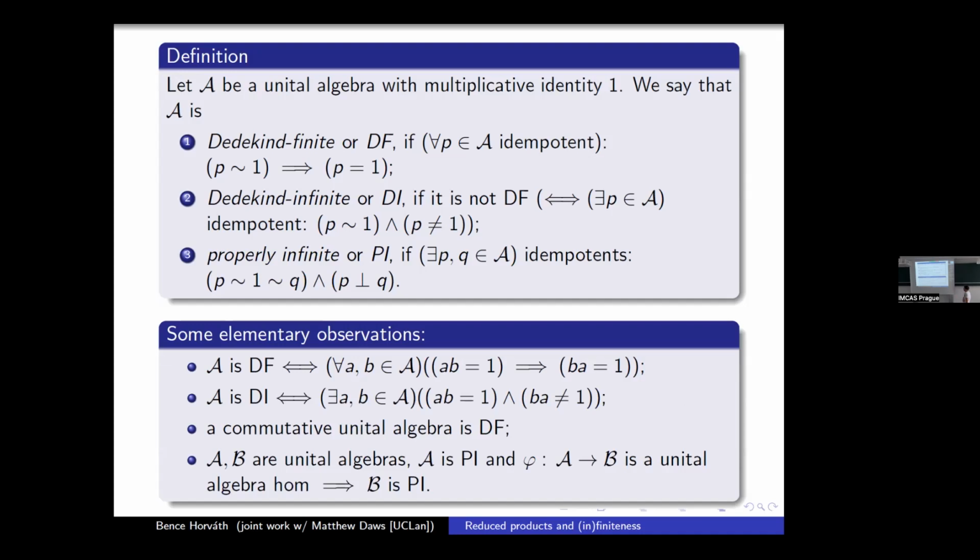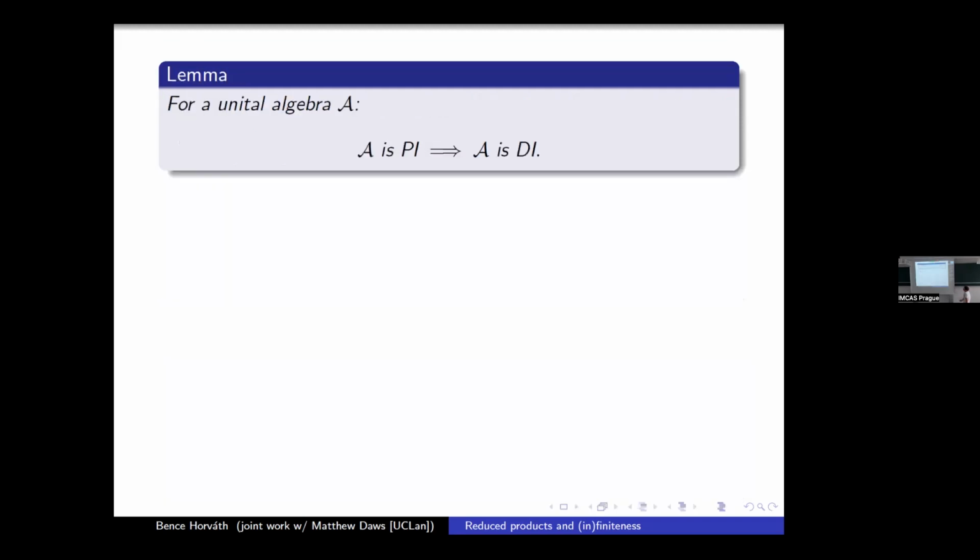Namely, if you have unital algebras A and B and your domain algebra is properly infinite, and if you have a homomorphism which preserves the unit from A to B, then actually B is going to be properly infinite. If I say purely infinite in this talk, I always mean properly infinite. Sorry, just if I mess it up. What's the connection between these notions? Well, if something is properly infinite, it is also directly infinite. That's a very easy calculation.